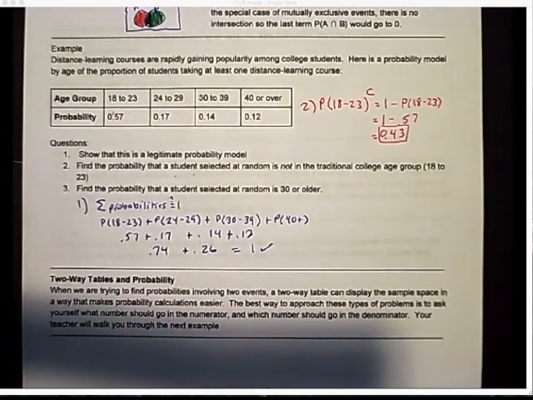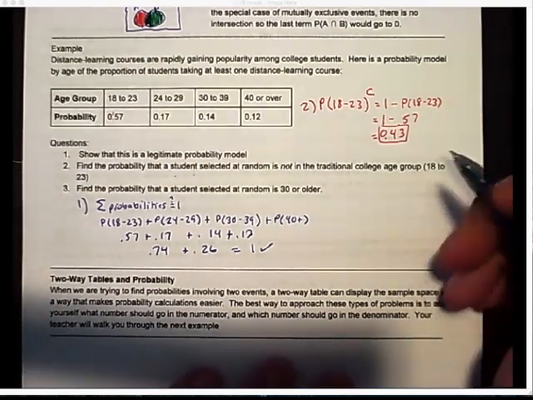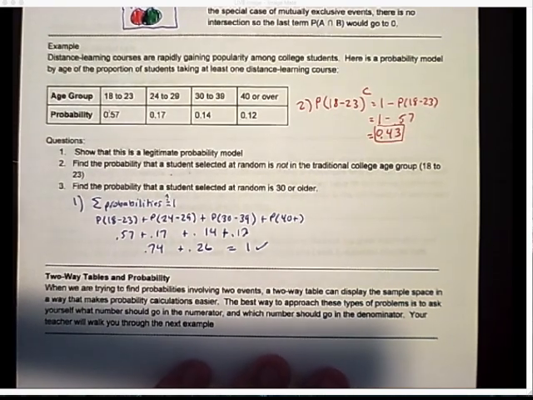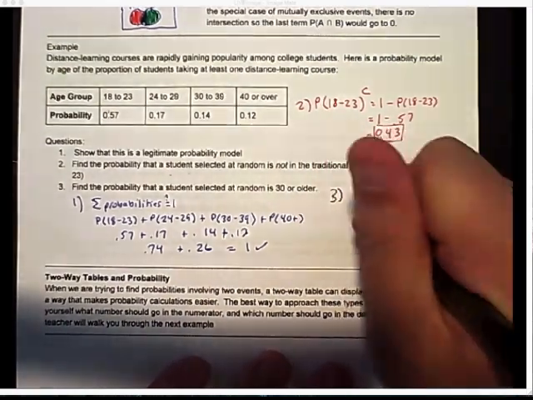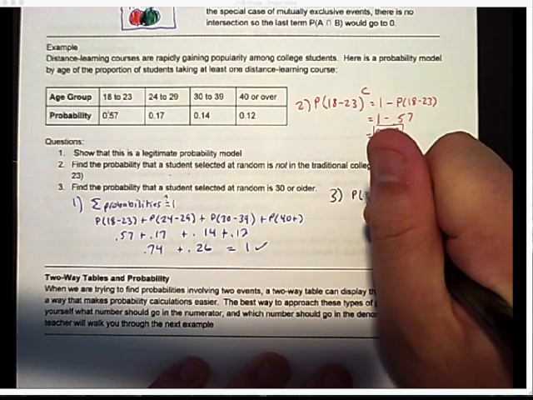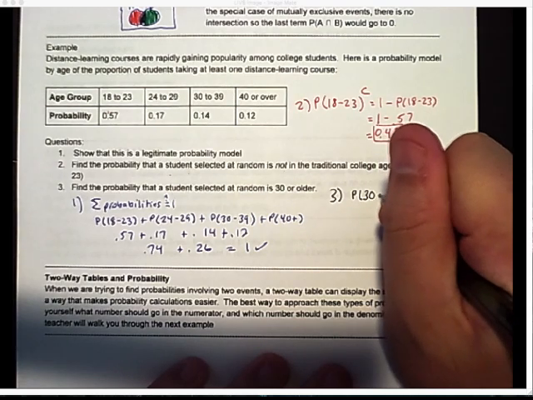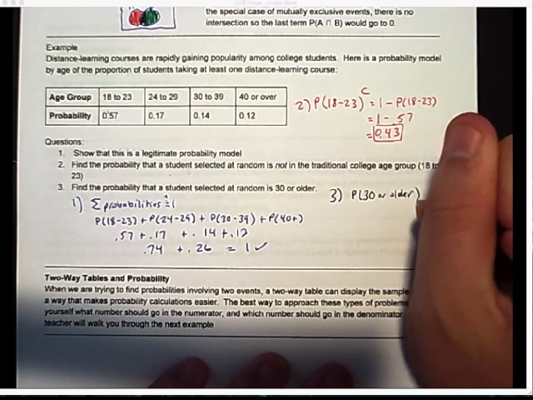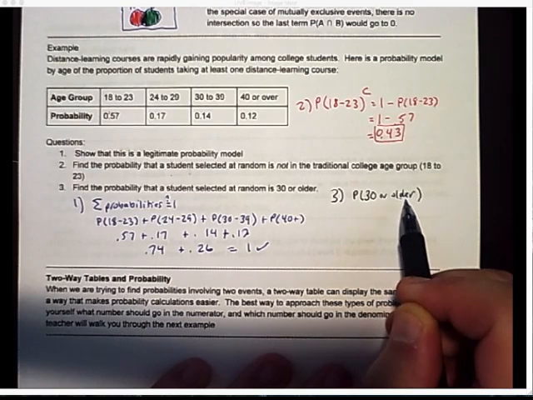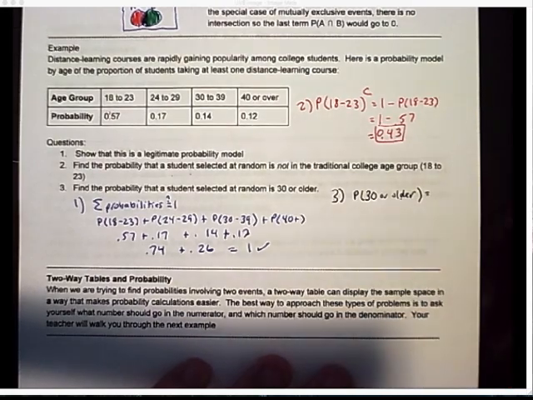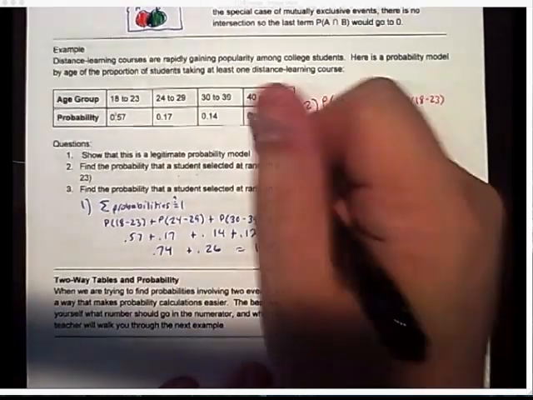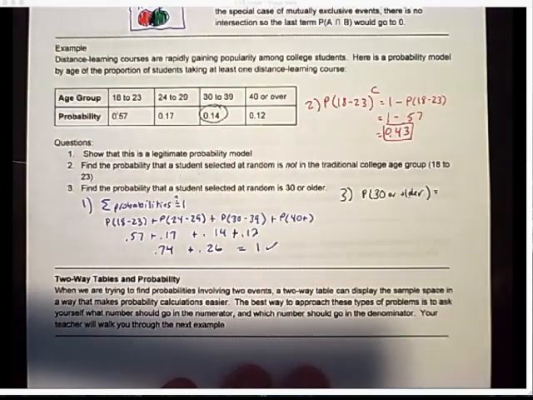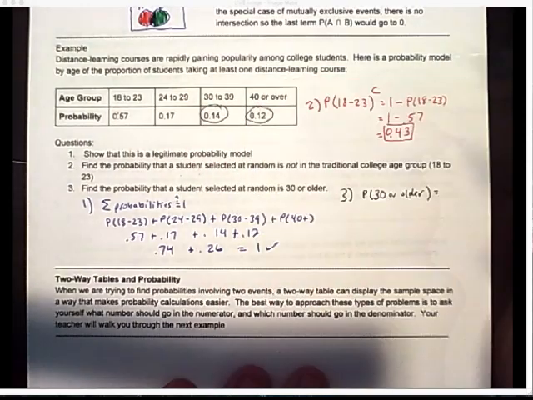All right. And we'll do number 3 now. Find the probability that a student selected at random is 30 or older. So 30 or older is the event. Which outcomes correspond to that? Well, these people are 30 or older, but so are these.